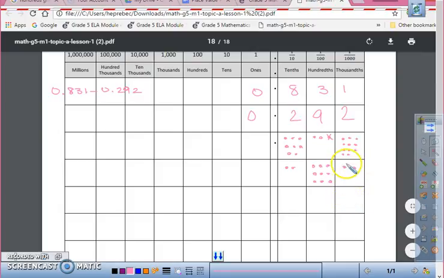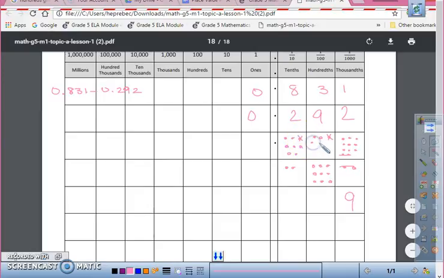Subtract 2 discs from that. I'm going to cross those out, and then I get rid of these, and I have a total of 9. Now here I have 9 discs, and I cannot take 9 from the 2 I have left over, so I'm going to have to borrow from the tenths place.